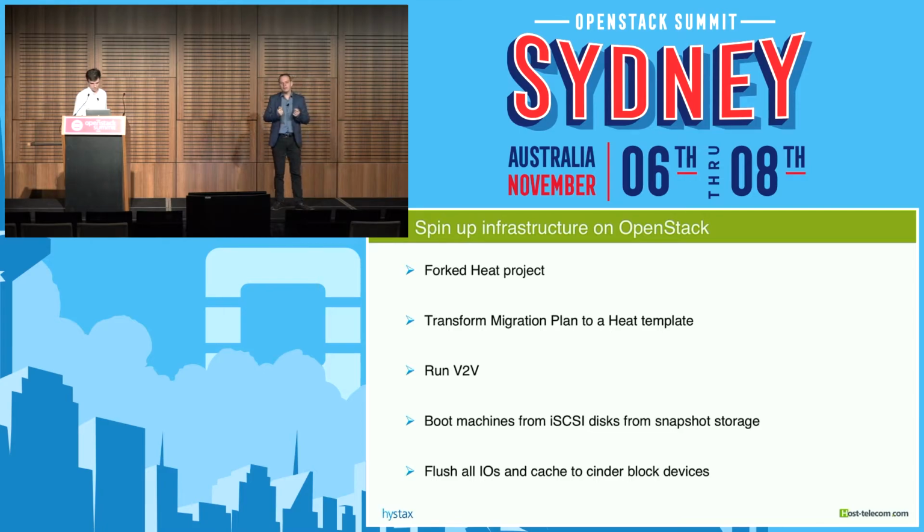After that, this JSON file is converted to a Heat template, and we use Heat to do the orchestration part. But one thing I would like to note here, we are not using a standard Heat from any installation or from any release of OpenStack. We forked the Heat project. Why did we do that? There are a couple of reasons.